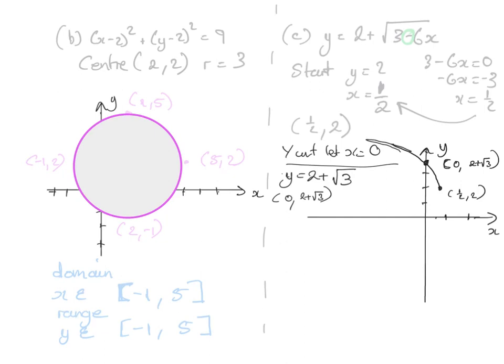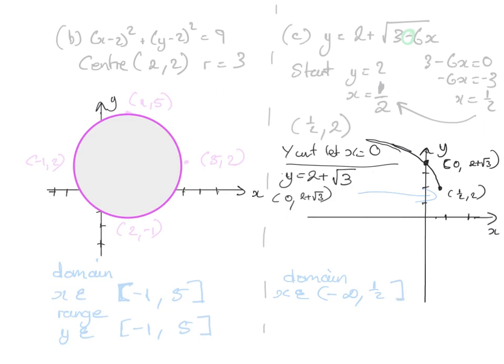Domain for this one. Okay, let's have a look at the domain. And you can see here that my x values only go up as far as 1/2. So you can write that whatever way you want to. I think a lot of you like interval notation. So we're going from -infinity up to 1/2.